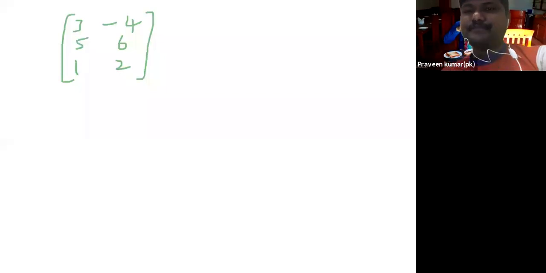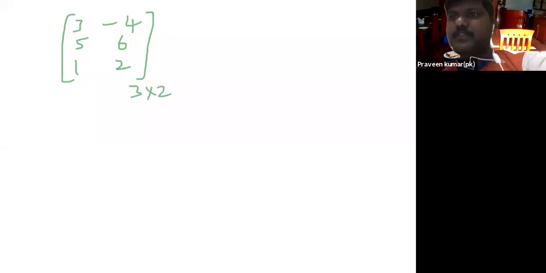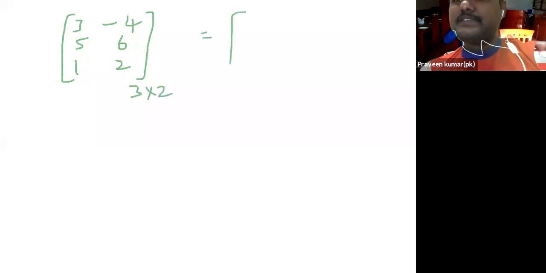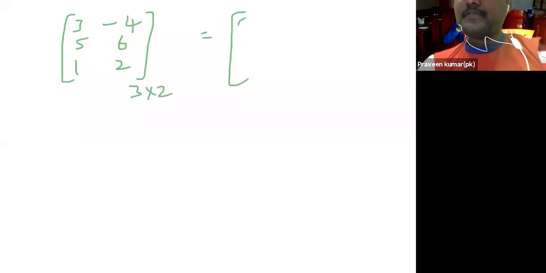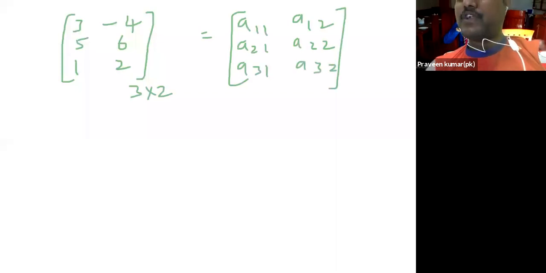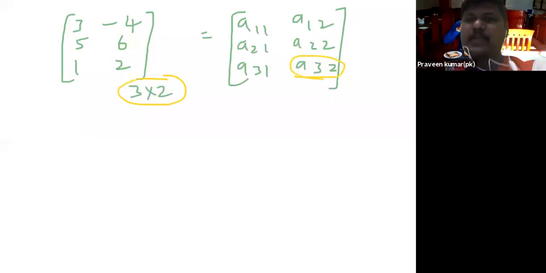First, we can say 3 cross 2, correct? Then how to write this: A11, A12, A21, A22, A31, A32. The last element, what we are writing, is equal to the order of the matrix. Remember.